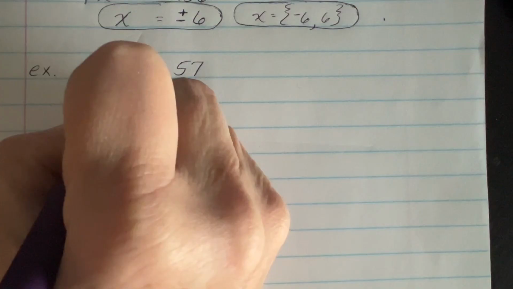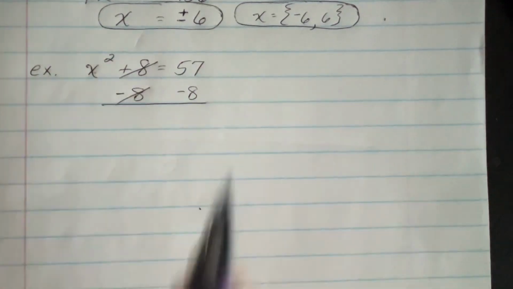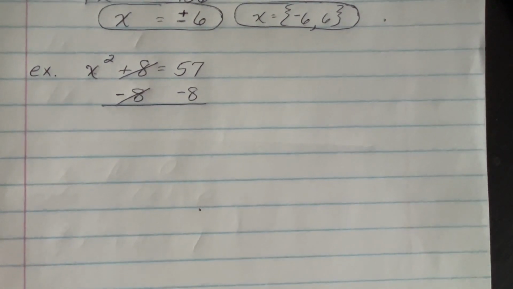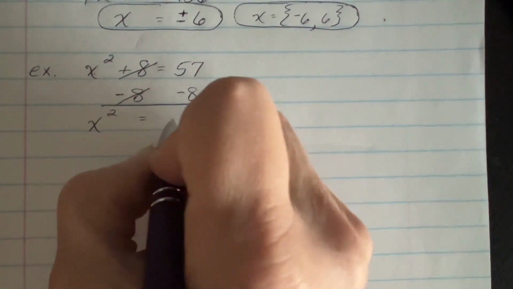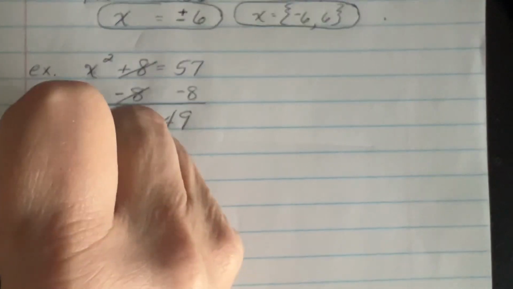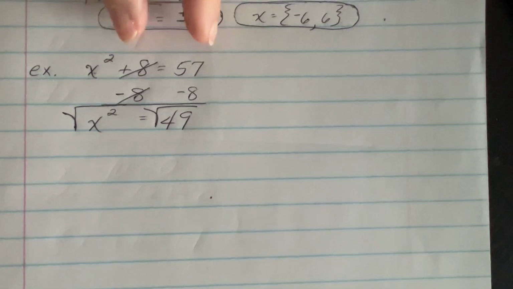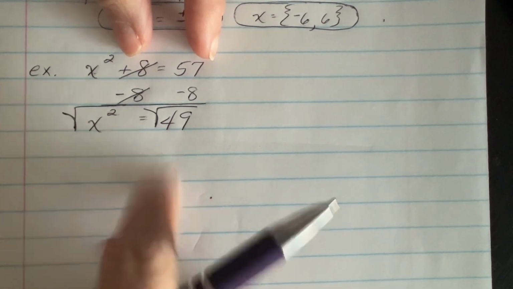And in my mind, I immediately see the possibility of, what if I did take 8 away from 57? I have a very quick response to that, and I know I've got +7, -7. So exploring the difference between these two numbers allowed me a quick 7 and -7.